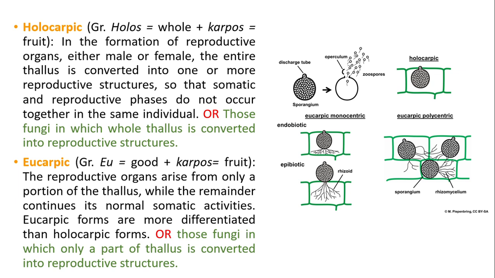Eucarpic forms are more differentiated than the holocarpic forms. In other words, eucarpic fungi are those in which only a part of the thallus is converted into reproductive structures. So this is the difference between holocarpic and eucarpic fungi.